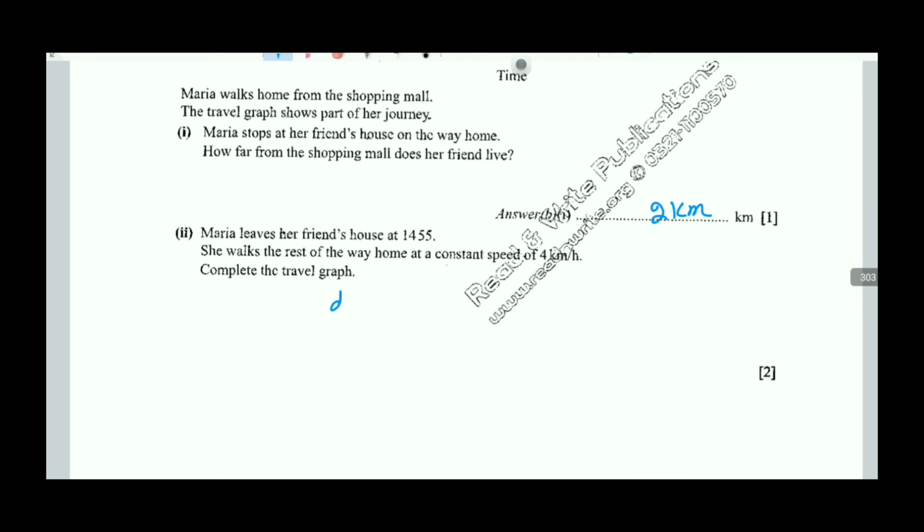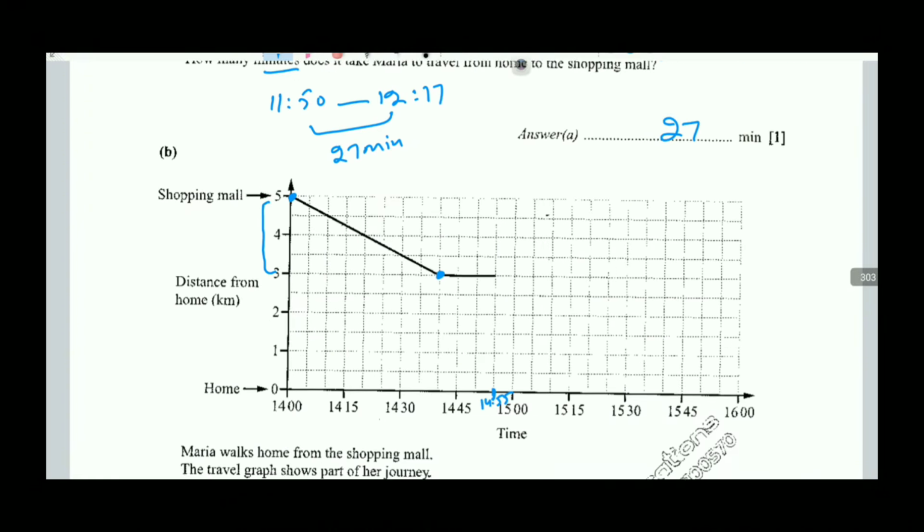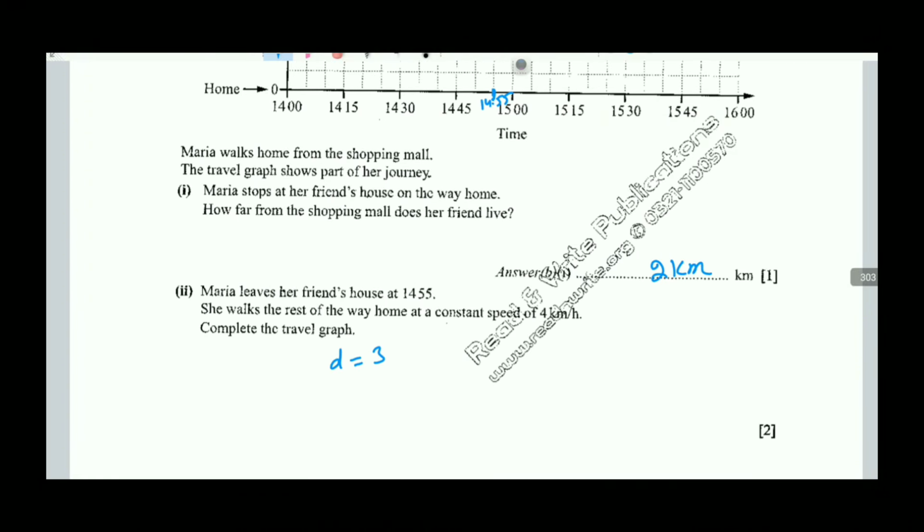So distance is 3 and speed is given, 4 kilometers per hour. Time you have to find.